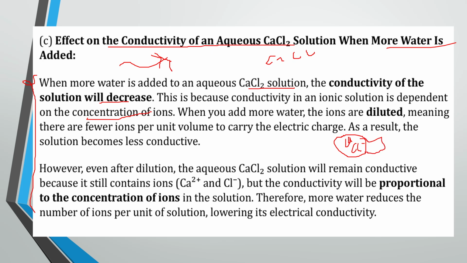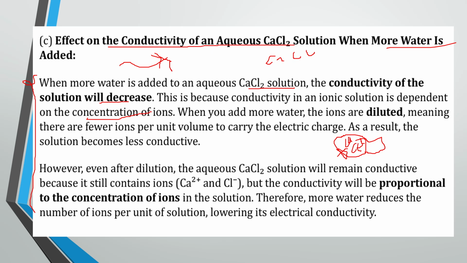For these ions to be freely mobile, there must be more water in this solution as compared to the ions. So the more dilution you make, the higher the mobility of these conducting ions, and therefore the higher the conductivity.